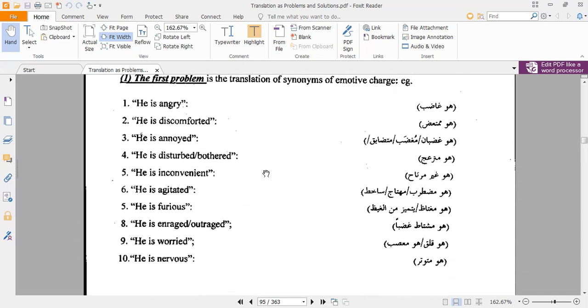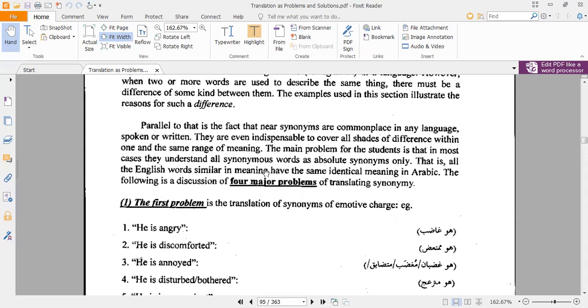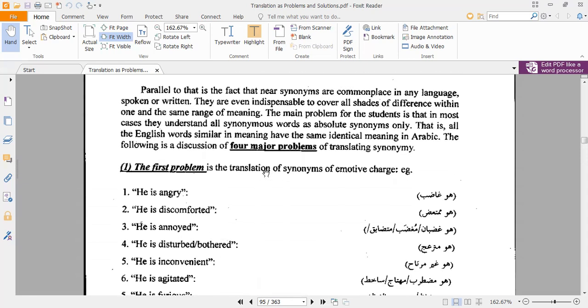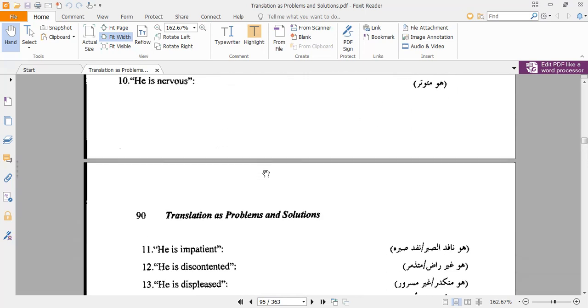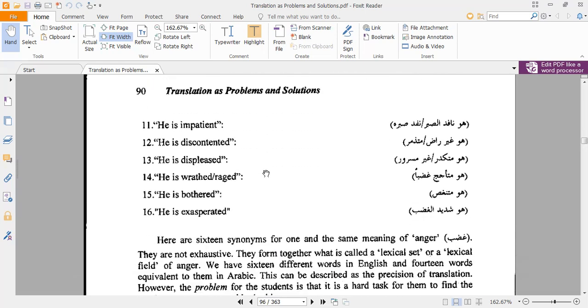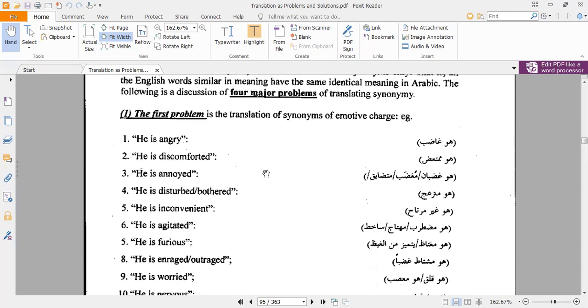The first problem in synonyms is the translation of angry in English. We have about 16 words that express anger in English.